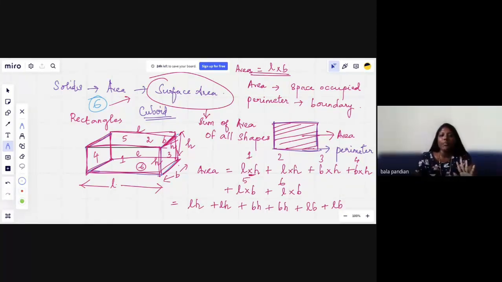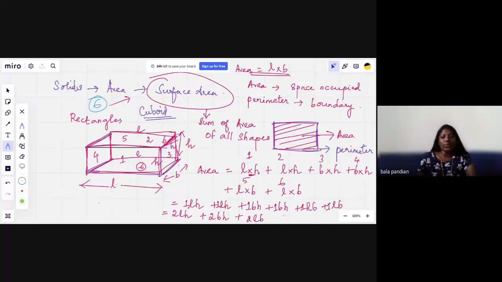Now when I look at my simplified form, again I could see that I have 1 LH plus 1 LH, which is nothing but 2 LH. Plus 1 BH, 1 BH here, which means it is 2 BH, 1 LB and 1 LB here, which means it is 2 LB.